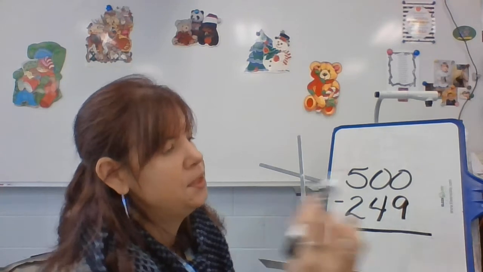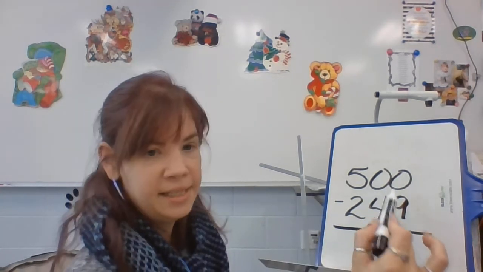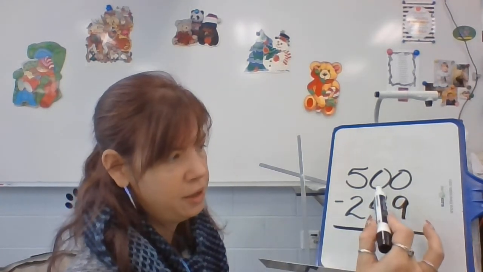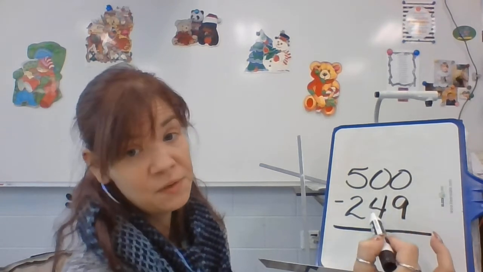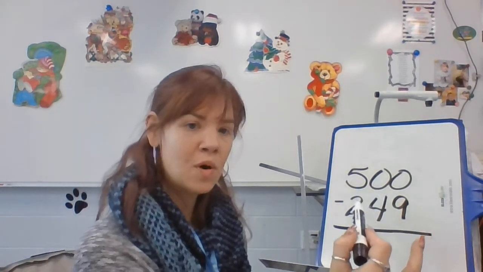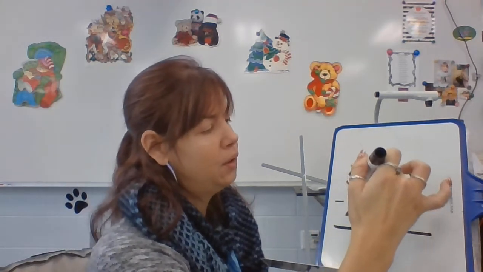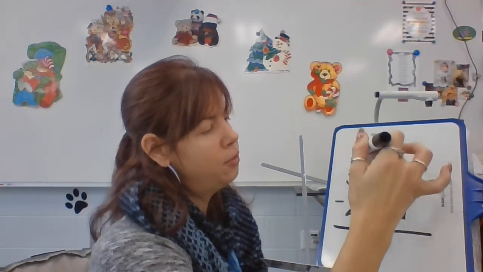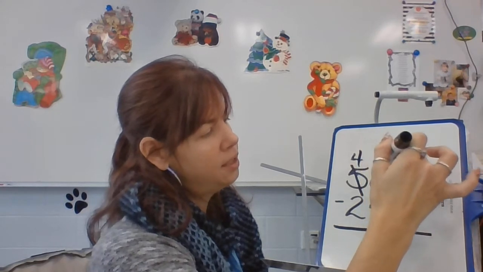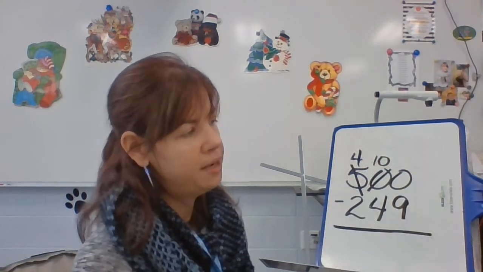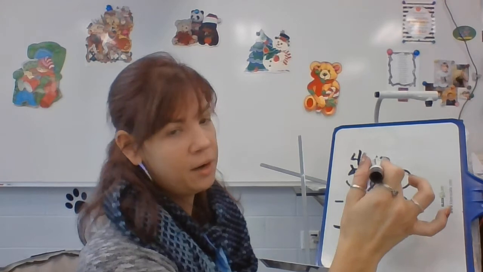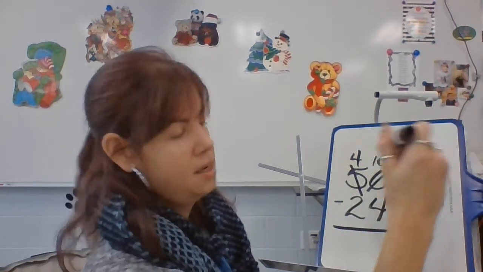All right, so can't take 0 minus 9. We go next door. Can't do 0 minus 4. So again, we go next door. I can regroup from 5 minus 2. So when I regroup, that 1 goes next door and makes that 0 into a 10. And then I regroup one more time.